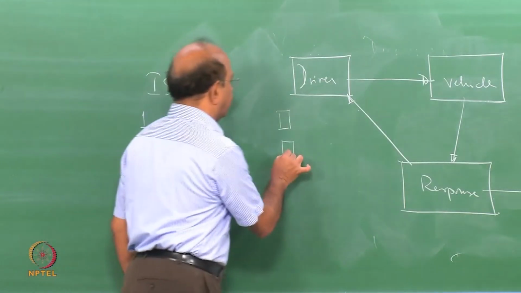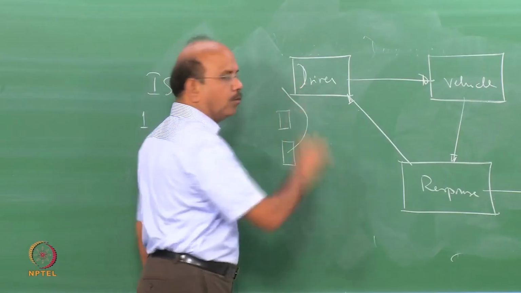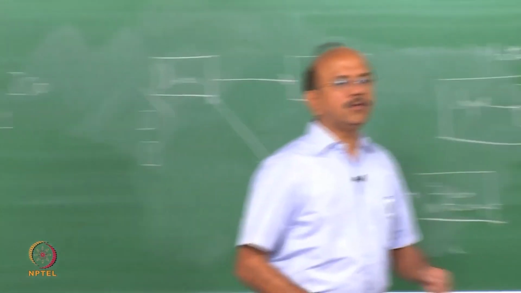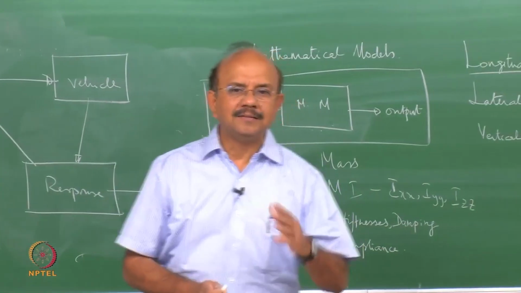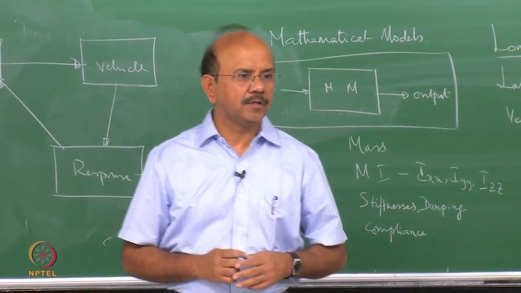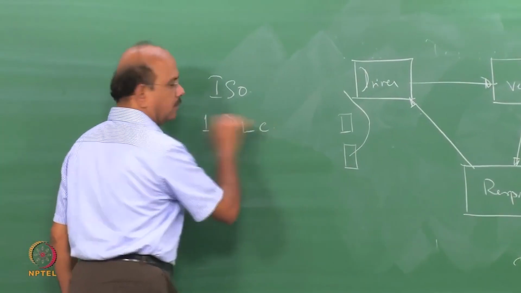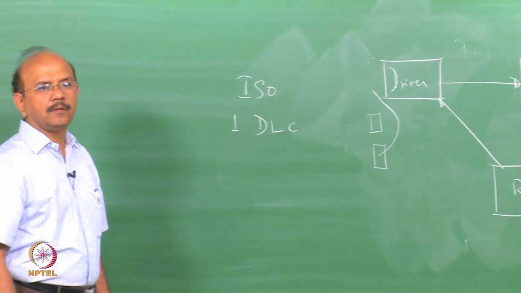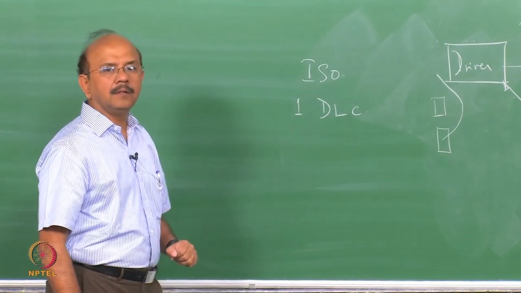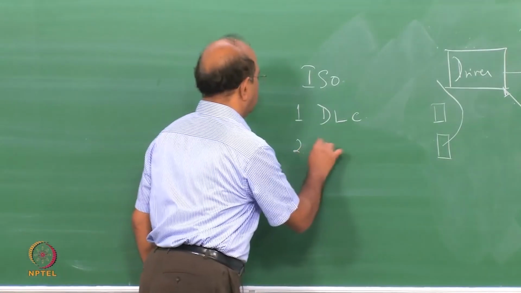In order to overtake, you go out, and then you go back. So, you do what is called a double lane change. There is a test called double lane change. Or you can just do a single lane change.